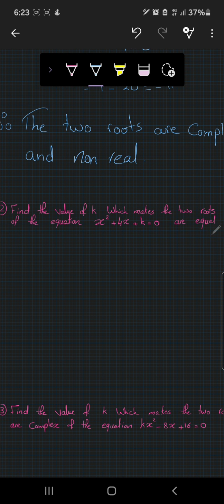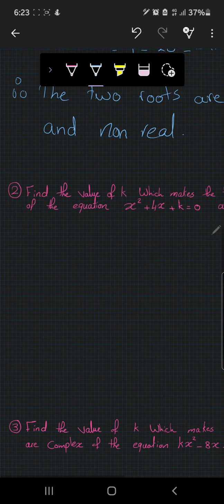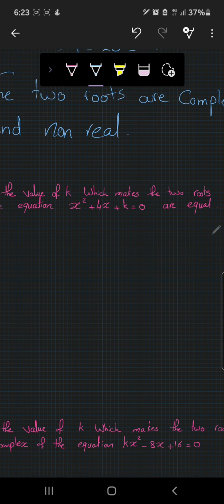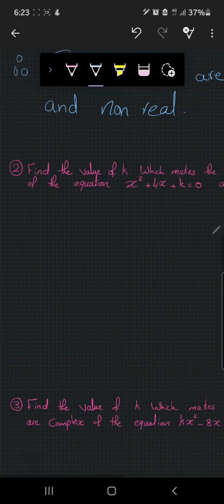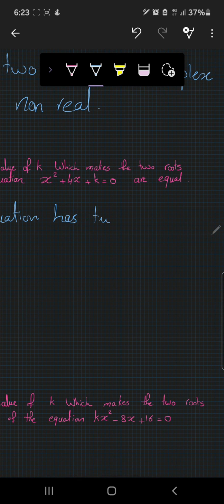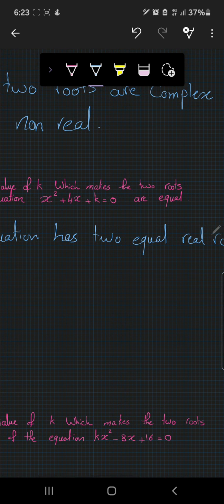We have another example. Find the value of k which makes the two roots of the equation x² + 4x + k = 0 equal. First, since the equation has two equal real roots, which means the discriminant equals 0.